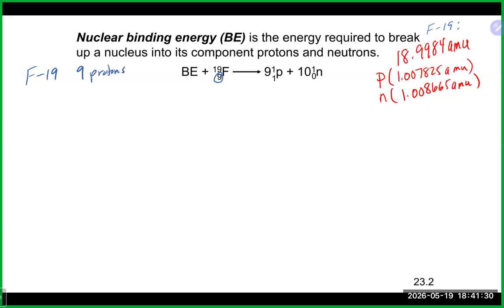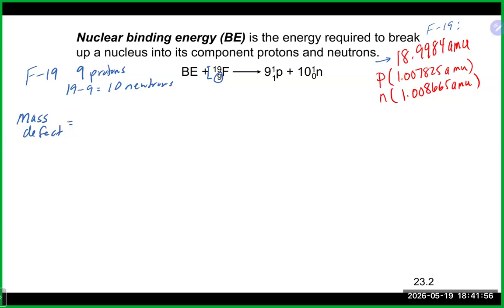If we take the top number minus the bottom number, 19 minus 9, that tells us it has 10 neutrons. These are the particles that make up the nucleus. If we take the mass of each of those particles in the nucleus, the difference between those particles and the mass of the actual isotope itself is what is known as the mass defect.